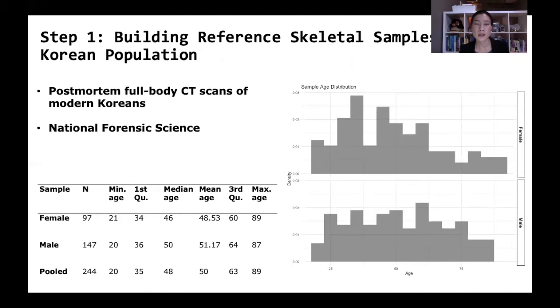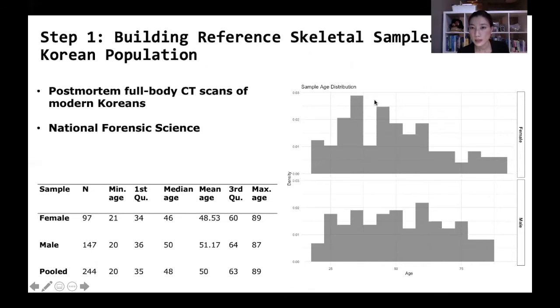They have been building this large-scale post-mortem full-body CT scans of modern Koreans. Those are forensic case victims of South Korea. So far we have accumulated a little less than 250 individuals, including Korean males and females, age ranging from 20 years all the way up to 89 years.